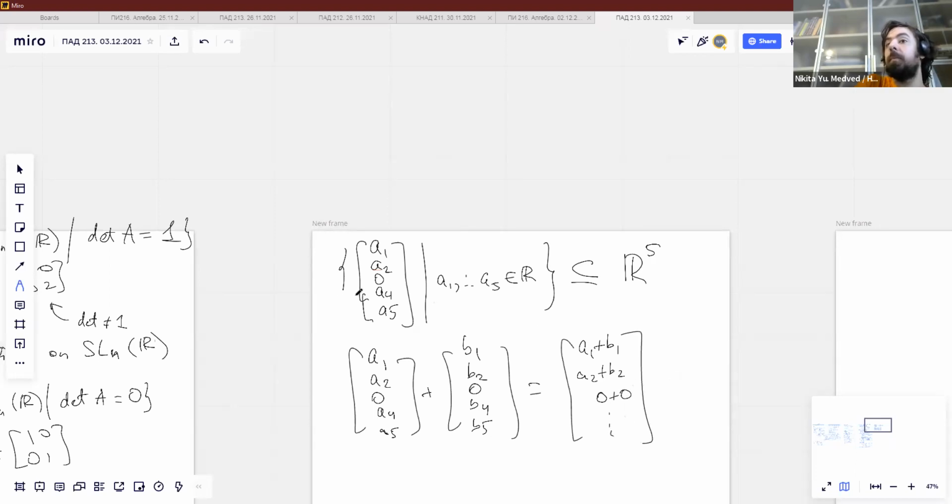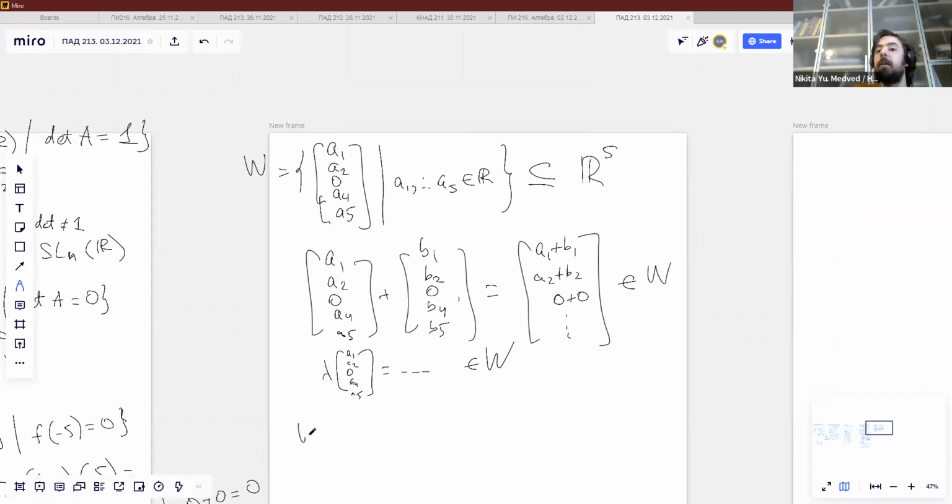So it also belongs, let me name it W. So if you take 2 elements from W and add them, you also get an element of W. And the same for multiplication by a constant. So W is a subspace of R5.